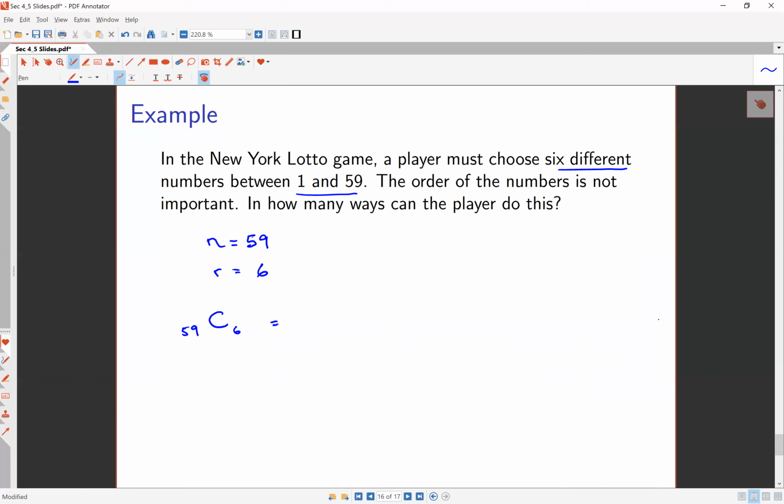You can do this the brute force way using the formulas, or if you just enter this on your calculator, which we'll go through tomorrow, then this is the number we saw earlier. There are a little bit more than 45 million options here.